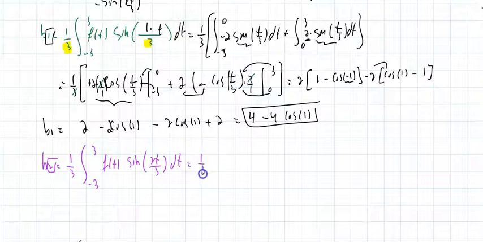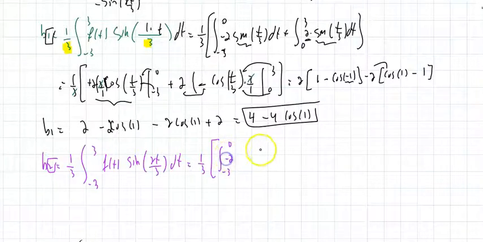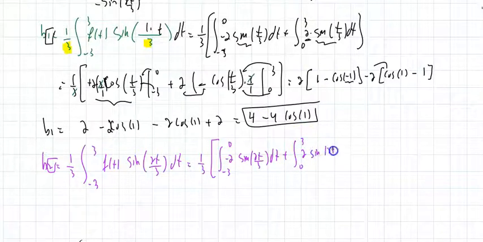That is 1/3 times the integral from negative 3 to 0, f of t is negative 2, of the sine of 2t over 3 dt, plus the integral from 0 to 3 of 2 times the sine of 2t divided by 3 dt.